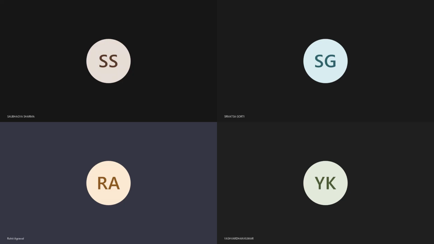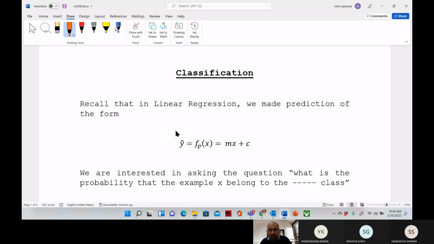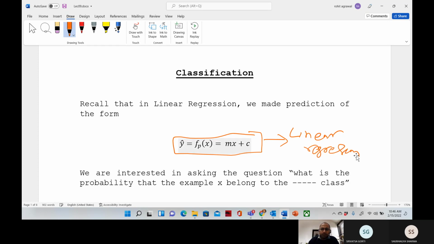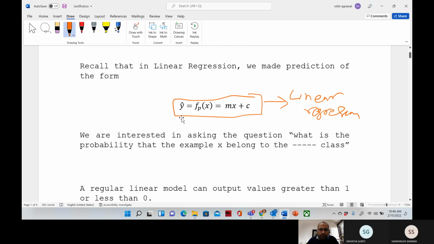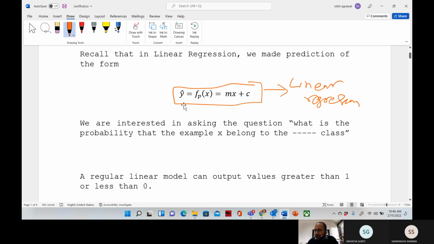Regression. If we recall the regression class, this was the model, or this was for what? Linear regression, am I right? What matters here is that in the case of regression, this y is a real value.